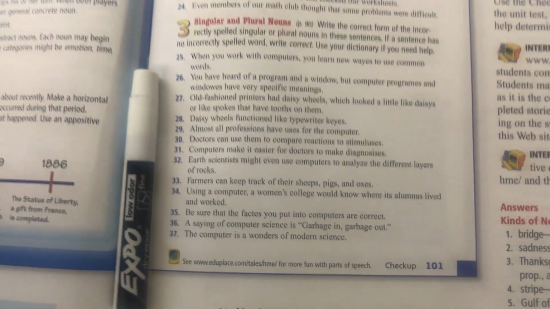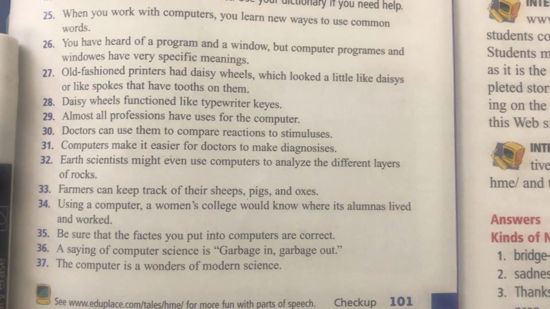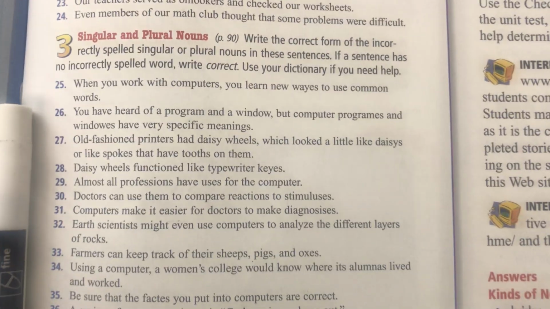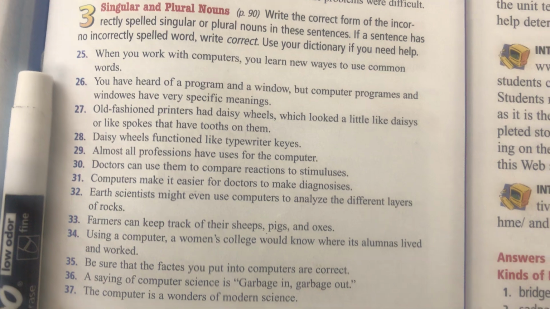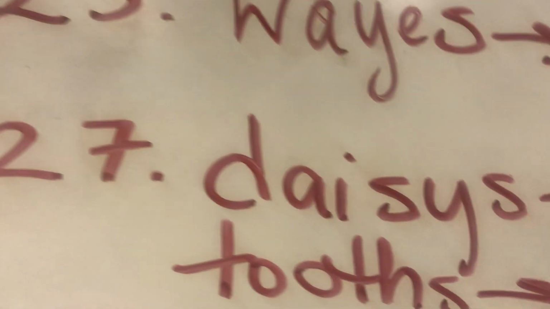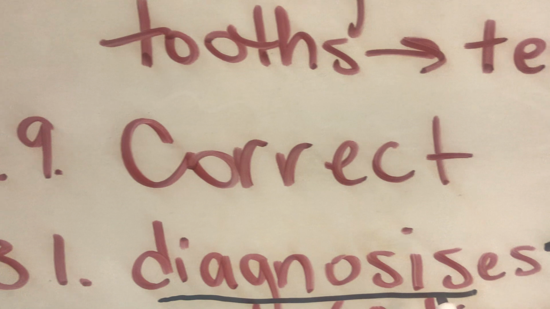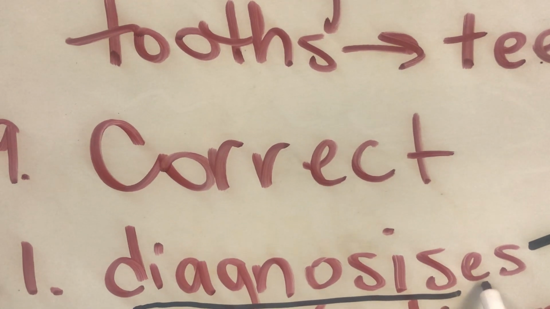Okay, going to 31. Computers make it easier for doctors to make diagnoses. So what they did is they tried to add, let me show you on the board. They took this word and they tried to add ES to the end.